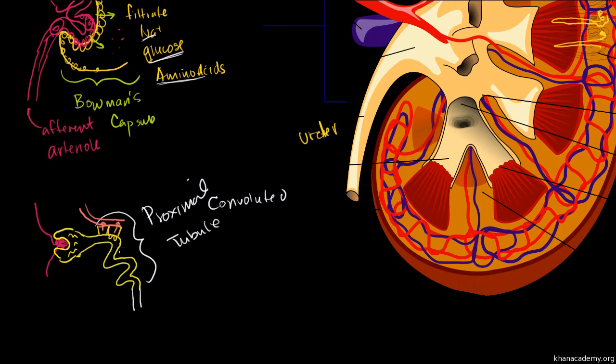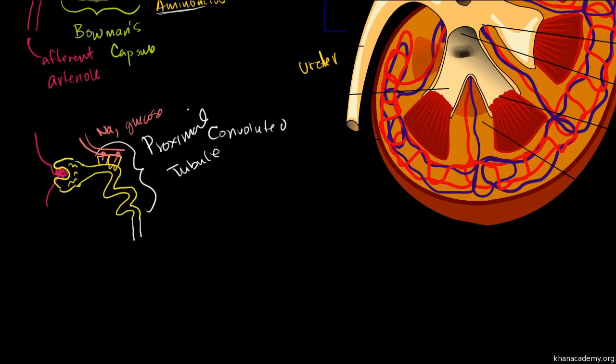And maybe a little bit of our water. So we're pumping back some sodium, some glucose, and we'll start pumping a little bit of the water back in because we don't want to lose all of that water. If all of the water that was originally the filtrate, we were just leaving our urine, we'd be excreting gallons and gallons of water every day, which we do not want to do. So that's the whole point. We're starting the absorption process.